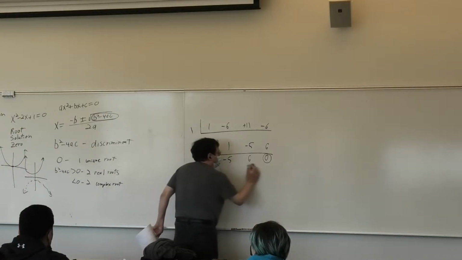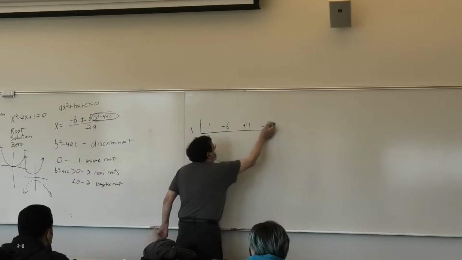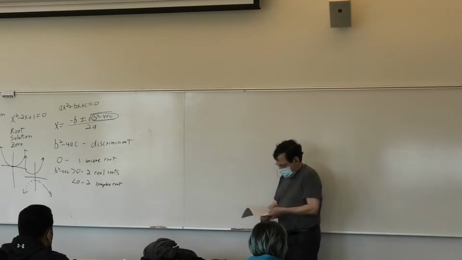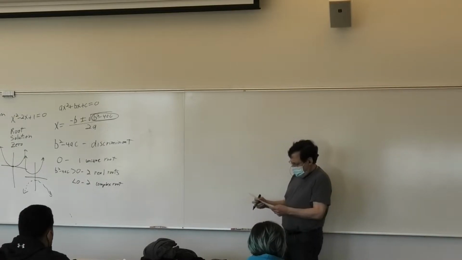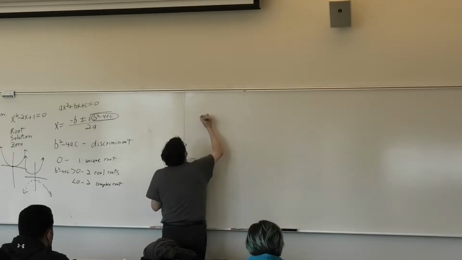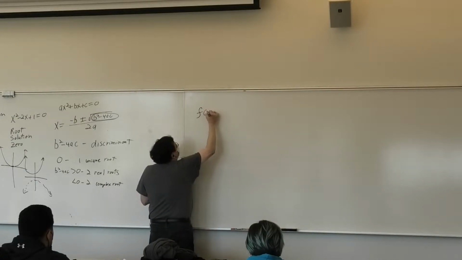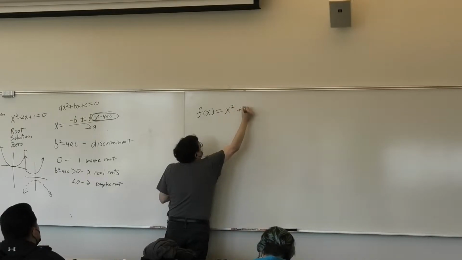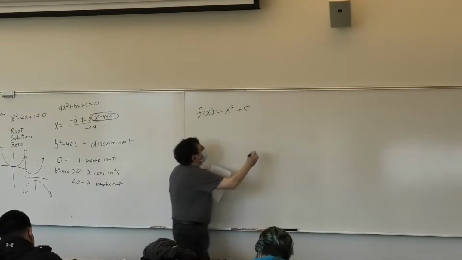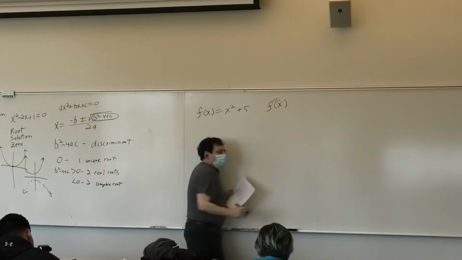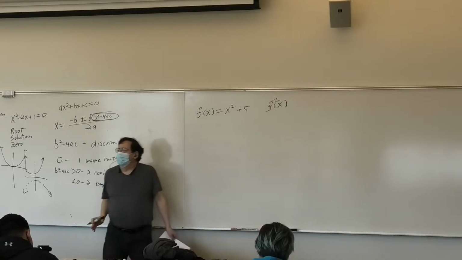I did mention briefly inverse functions. There's a couple more things I wanted to say about them. Let's take a function f of x equals x squared plus 5, and I want to find the inverse. I'm not worried yet about the domain.